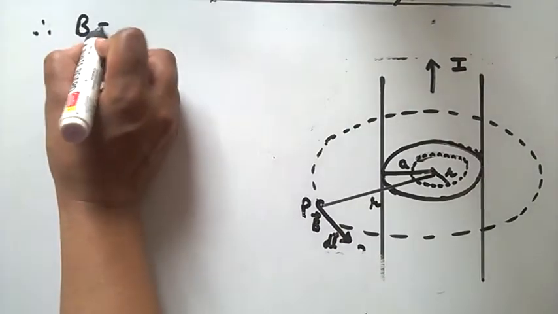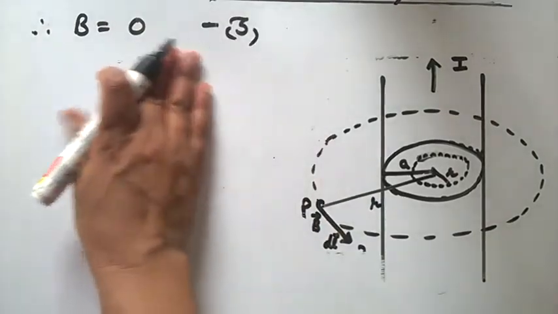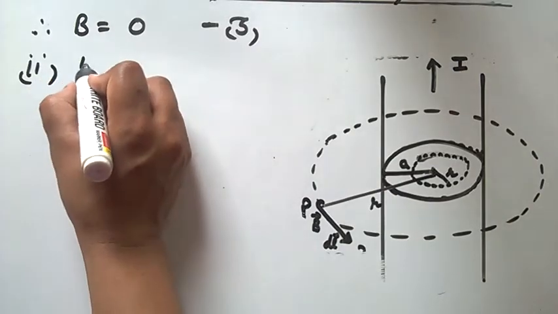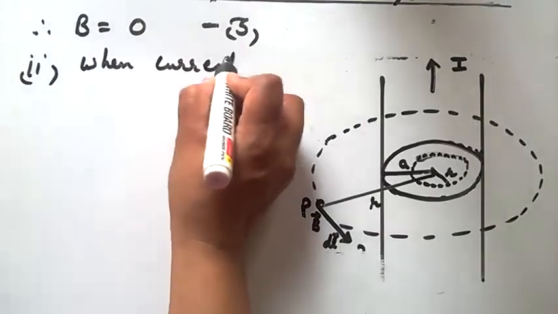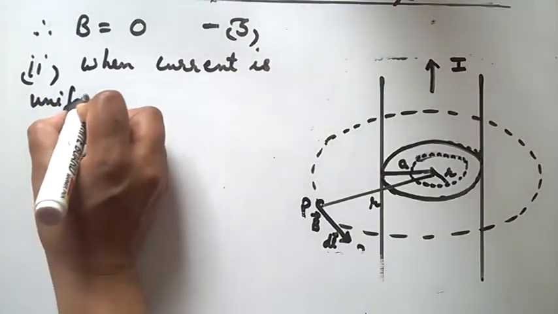Therefore, in this case, B is equal to 0, and the second case is when current is uniformly distributed throughout the wire.